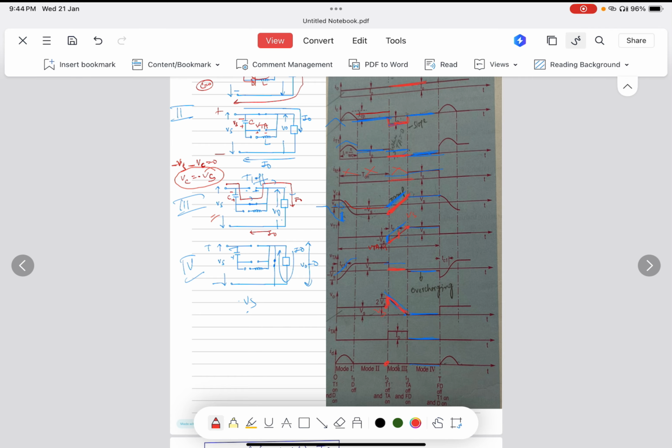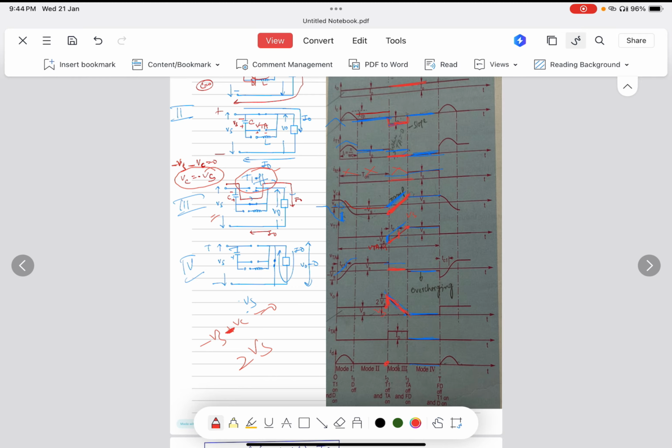We always have to protect the main thyristor, but you can see the minus Vs and the plus capacitor voltage. So minus Vc equal to 0, so that it is 2 Vs. So across this thyristor T1 there is an output voltage of minus 2 Vs, which is very dangerous for the main thyristor. It rises here, then again it starts discharging.